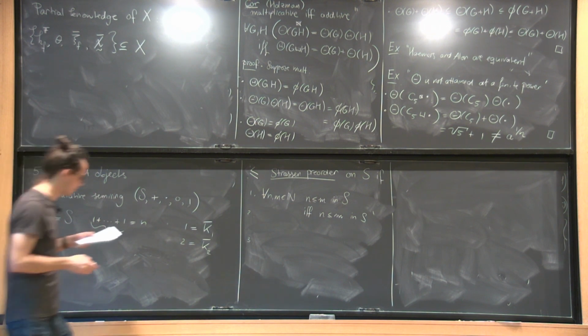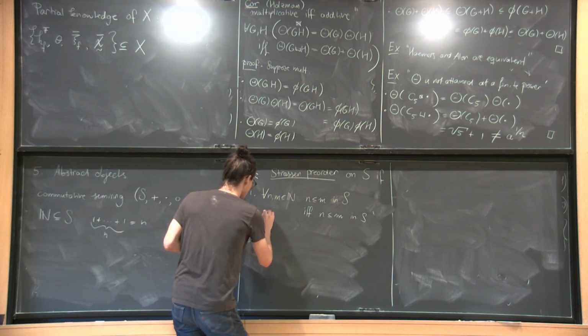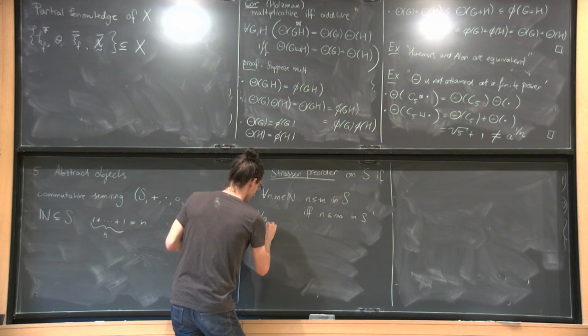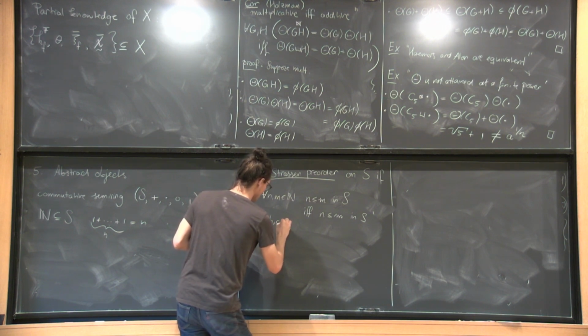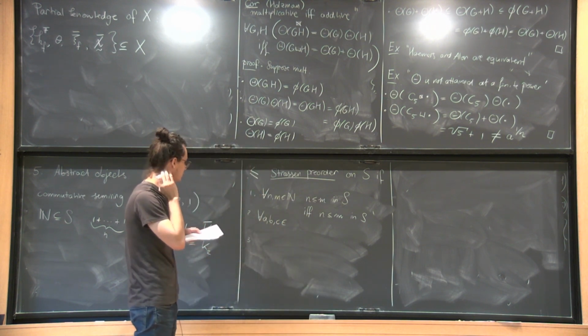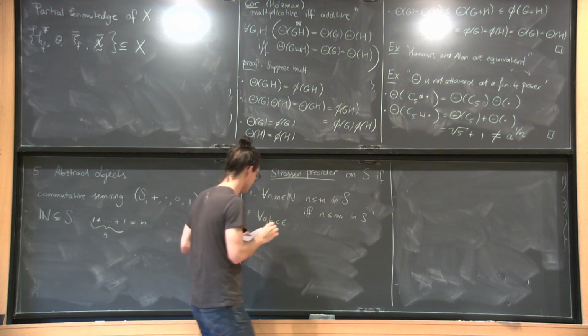That's 1. N includes 0, right? Yes, N includes 0.